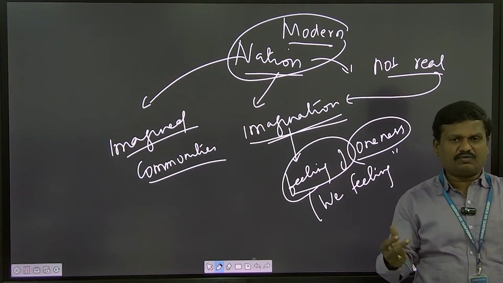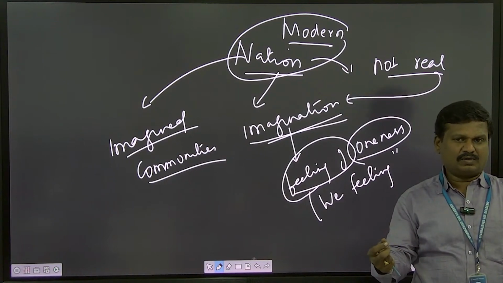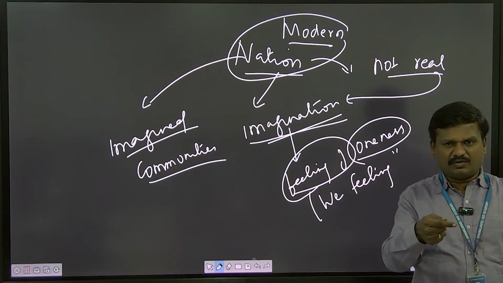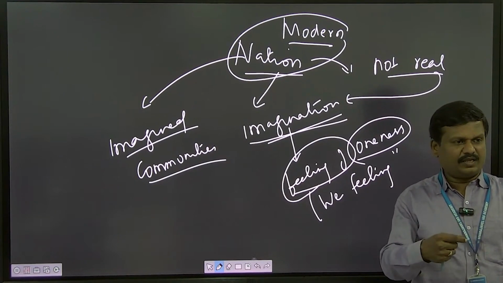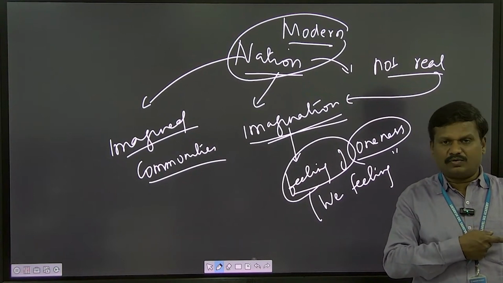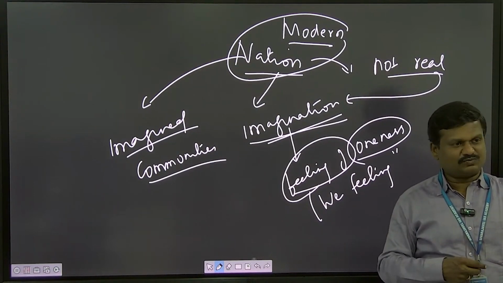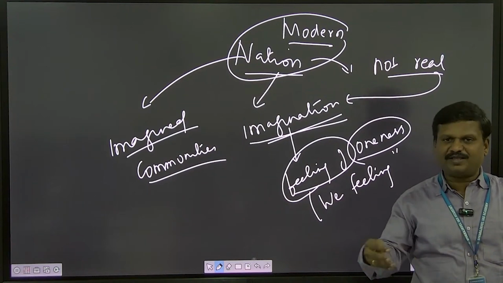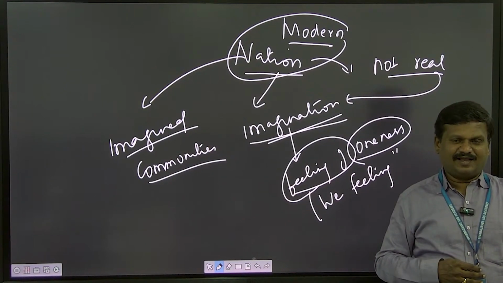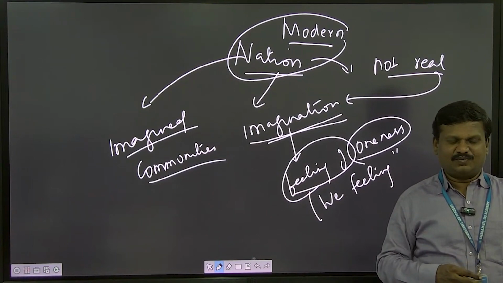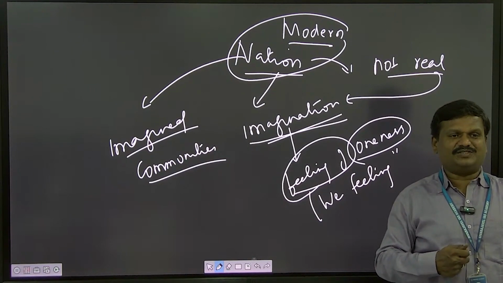So artificially you create a nation now. When old unity is gone, you try to form new unity. When old friend left you, you try to find new friend. Yes or no? And that new friend is called as modern nation. Old friend is who? The village.